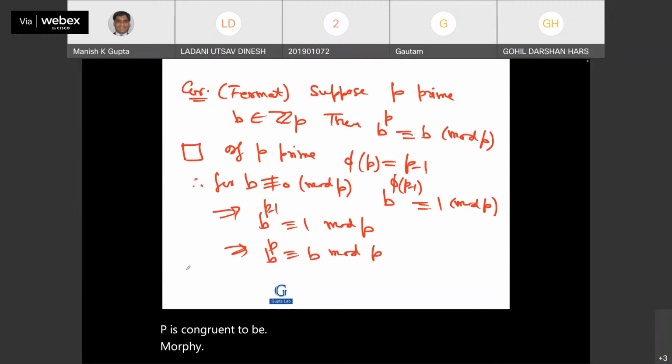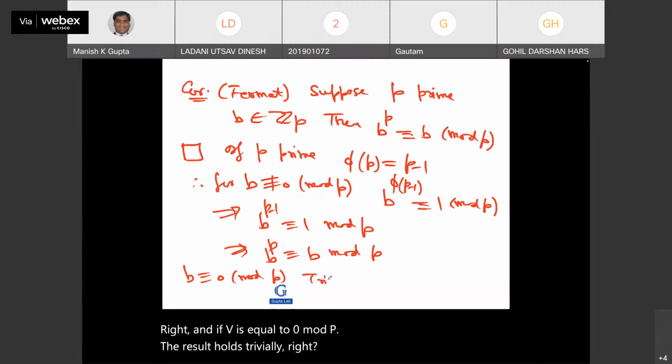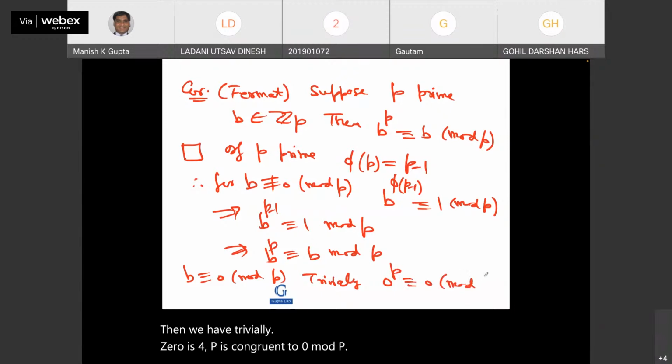And if b is equal to 0 mod p, the result holds trivially: 0 raised to the power p is congruent to 0 mod p.